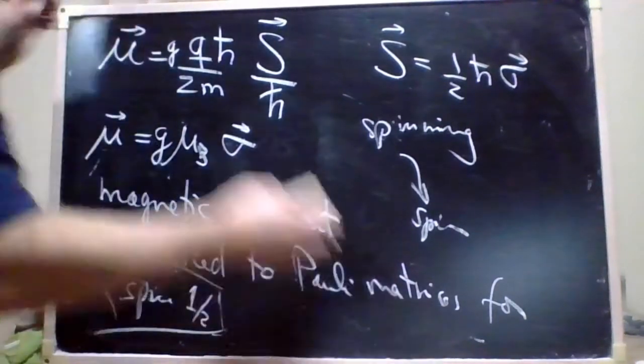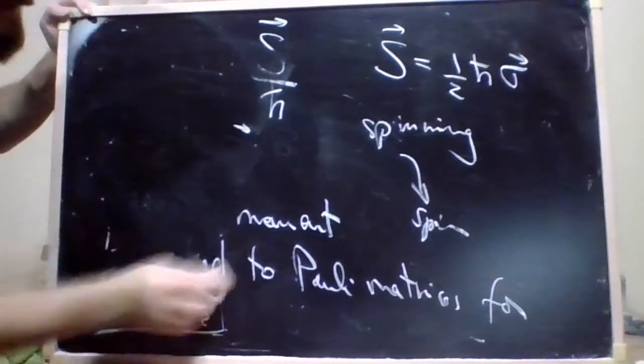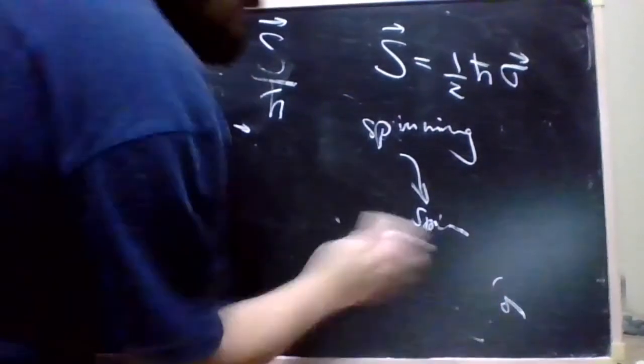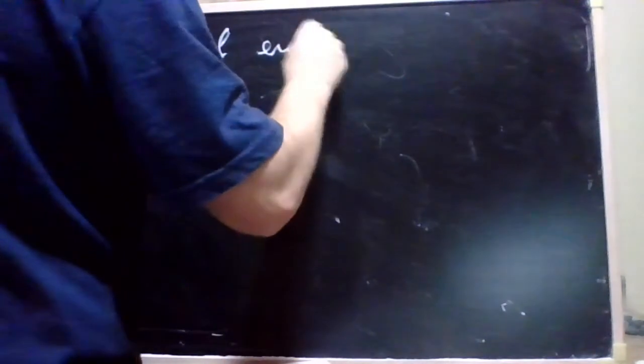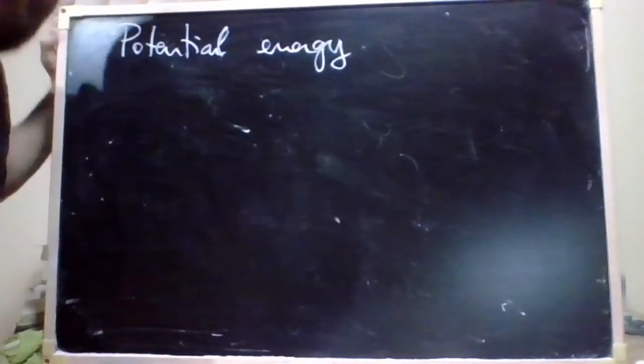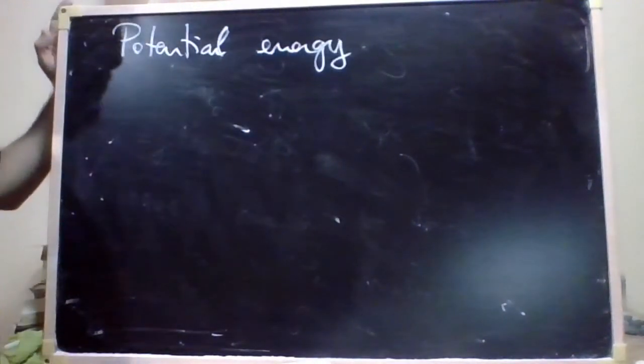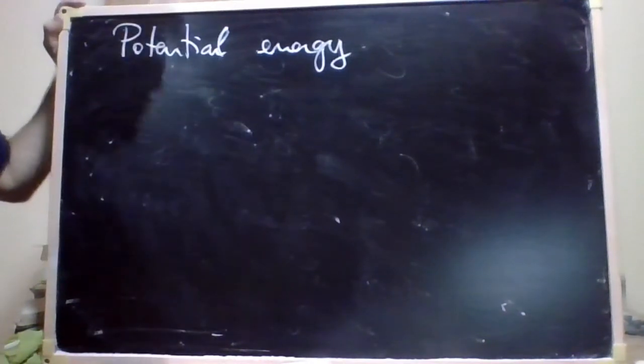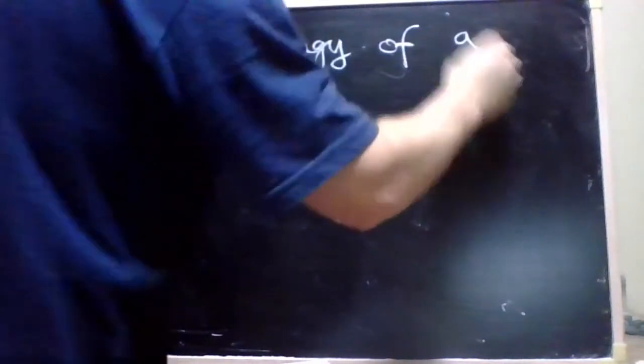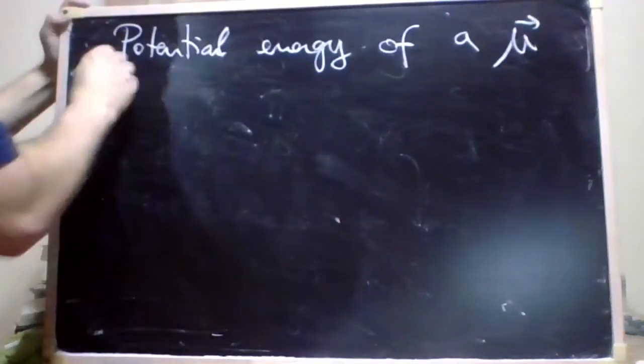Okay, but if you remember classical electromagnetism, you find that a potential energy can be attributed to a magnetic dipole immersed in a magnetic field.